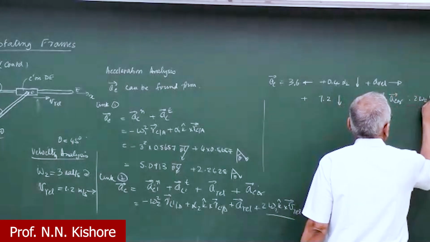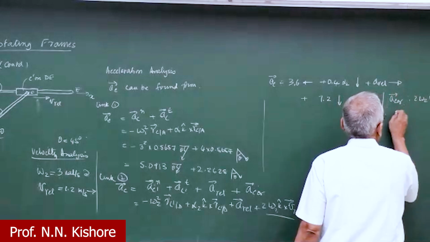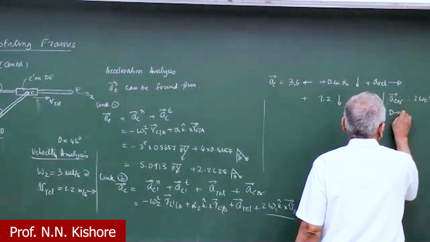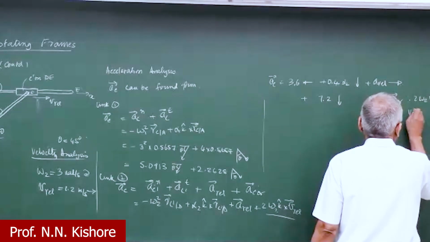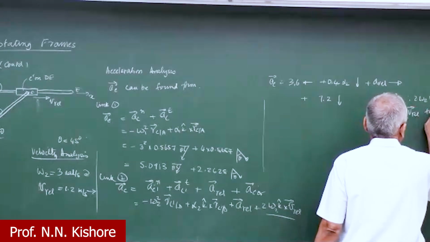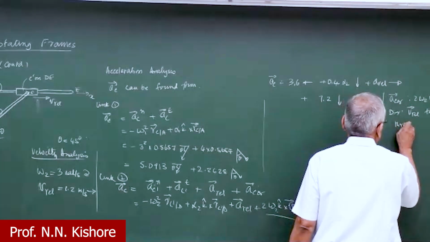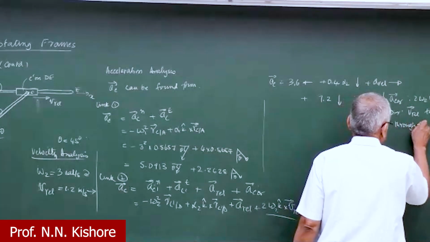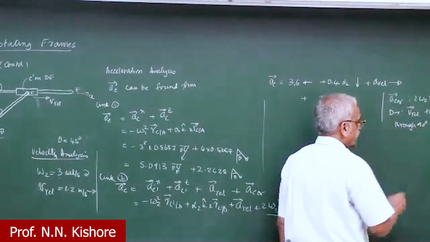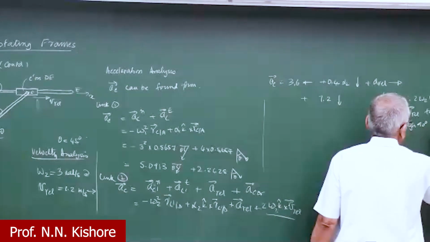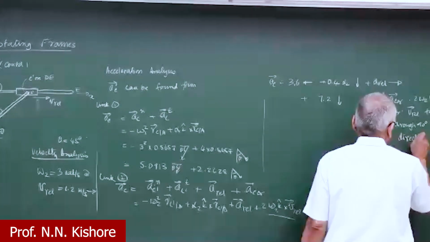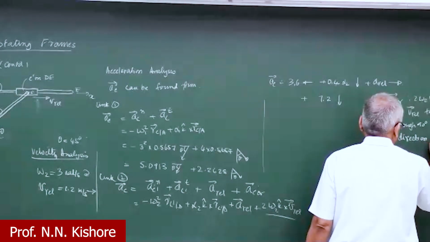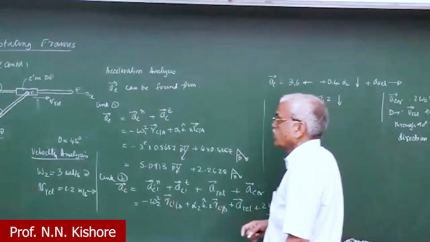Here omega 2 is going clockwise, and then you have VREL. Since these two are 90 degrees to each other, the magnitude is this much, and the direction is VREL turned through 90 degrees in the direction of omega 2, clockwise.